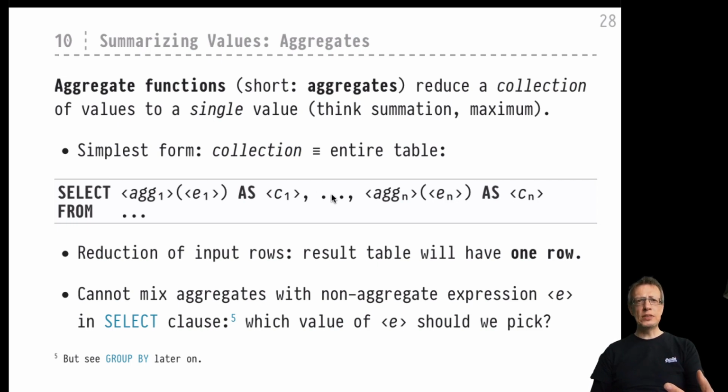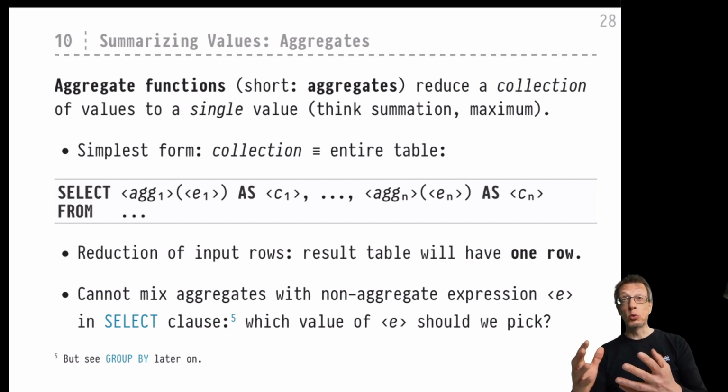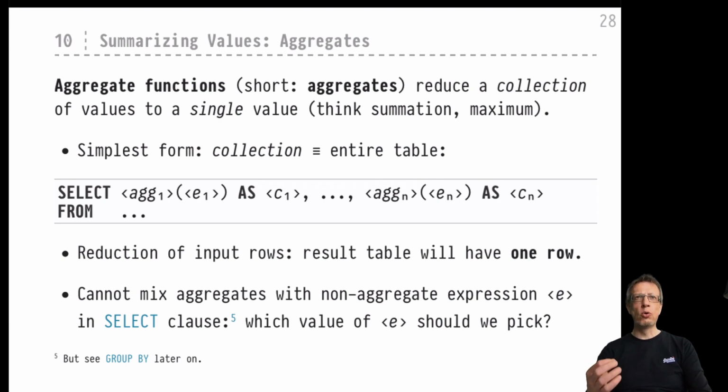The aggregates would insist on returning a single value, or the other column fields would insist on returning one value per input row. So which of these many values should we pick? We are allowed to return only a single row, so either you run an aggregate query or you don't. There are some comments to be made on this when we talk about group bys, but for now that's the rule of the game. Aggregates or not, but no mixture.